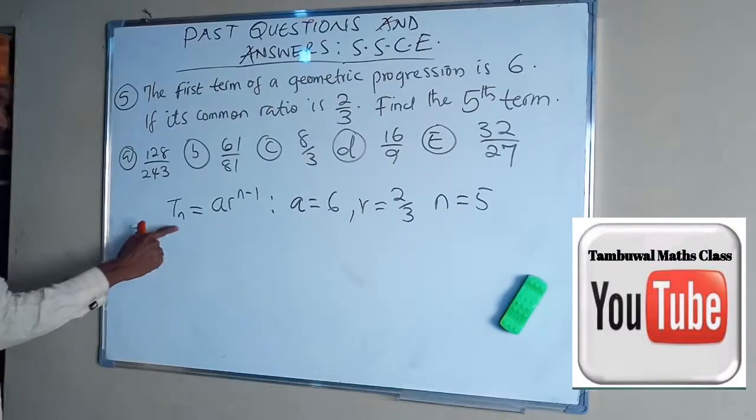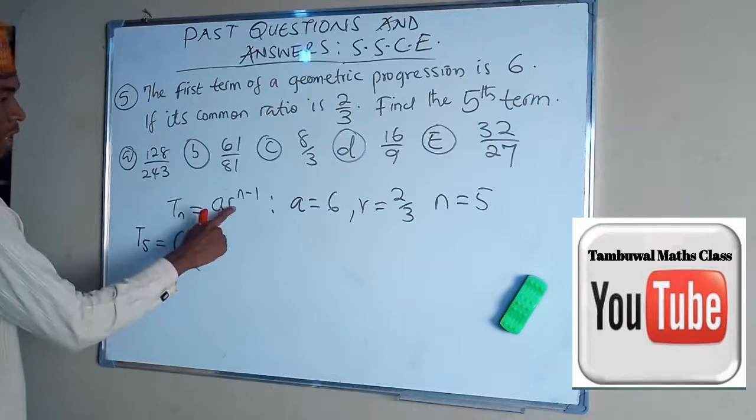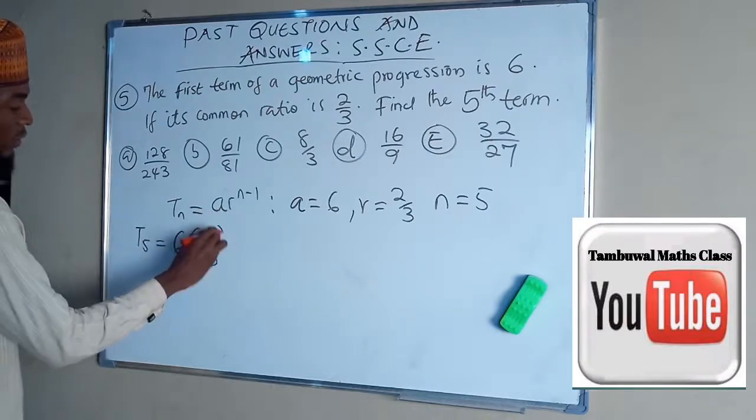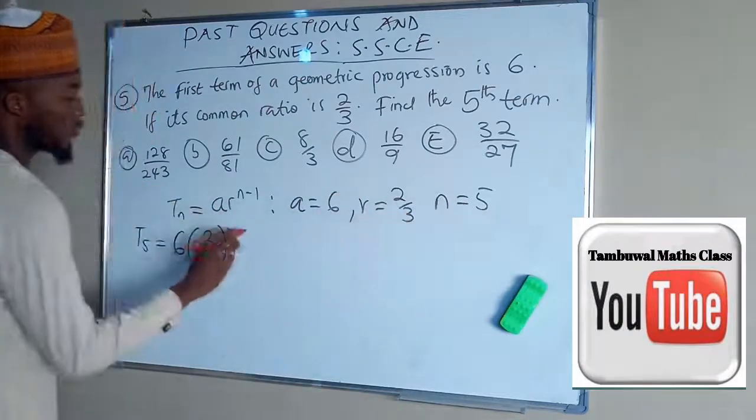T5 equals A is 6, R is 2 over 3, and n minus 1 is 5 minus 1, which is 4.